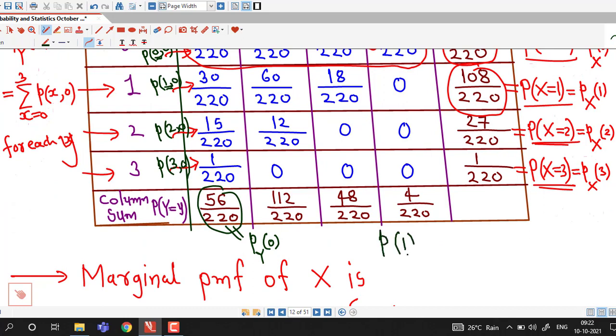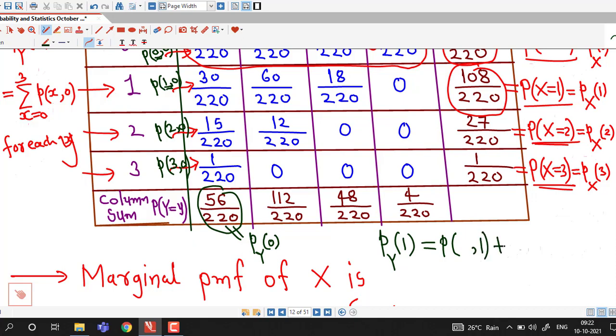Similarly, the probability mass function of y at y equal to 1 will be equal to, we have to fix y here, so P of 0, 1 plus P of 0, 2... here again I made a mistake, sorry for that. y is 1 here, so here we fix y.